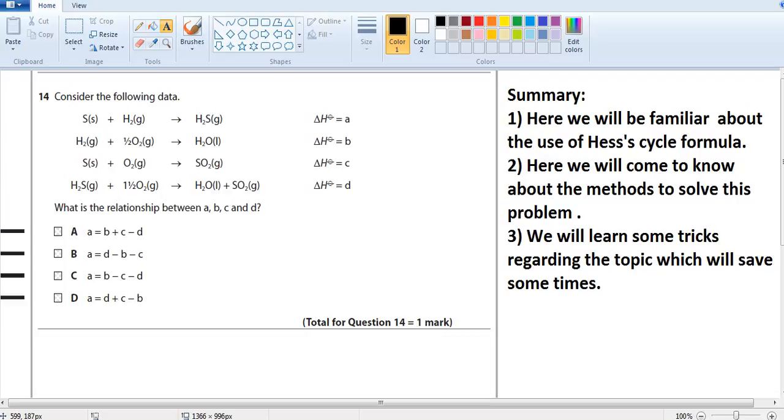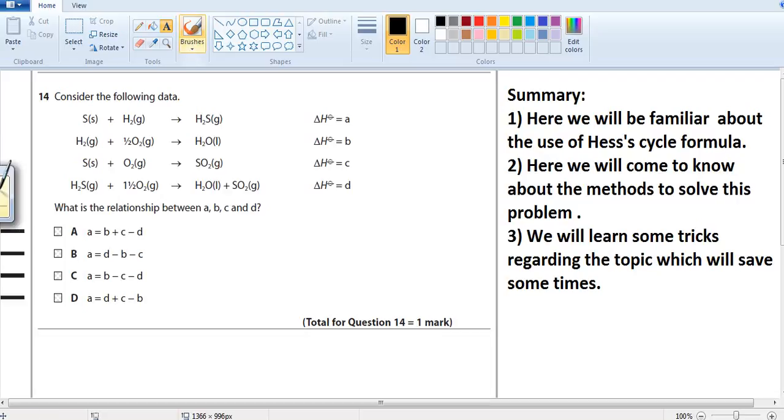Here we will come to know about the methods to solve this problem. We will also learn some tricks regarding this topic, which will save time as well. Okay, so let's start the question.